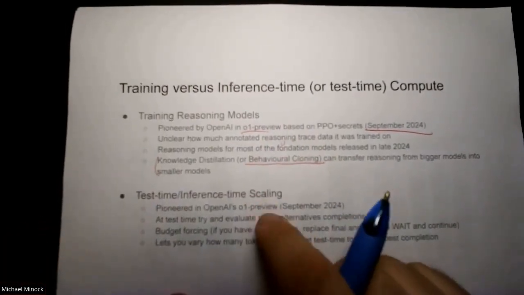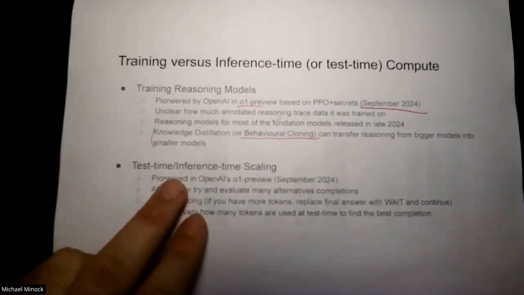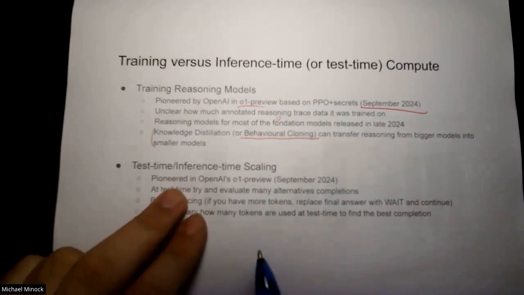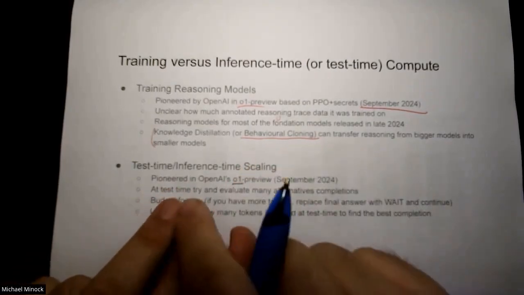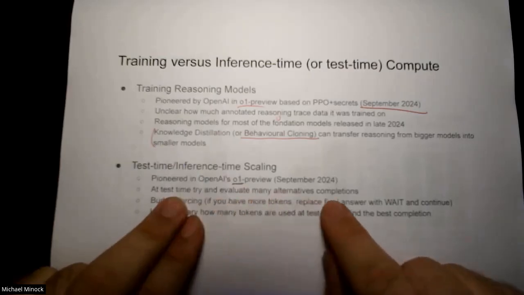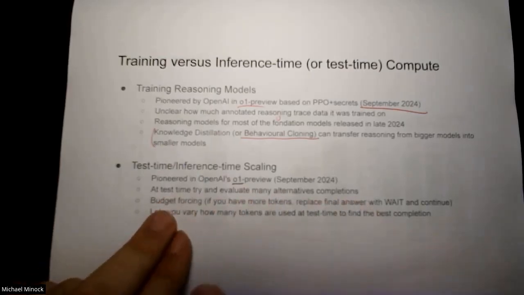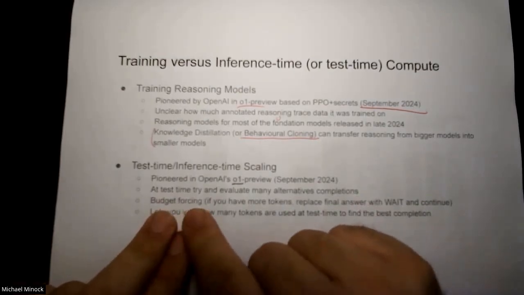But here's the key issue: there's this notion of test time or inference time scaling. This was pioneered in o1, and it says that at test time, that is, when we present the problem and we're doing inference, you evaluate many alternative completions. So this is like that tree of thought idea. But what you can do is this budget forcing.